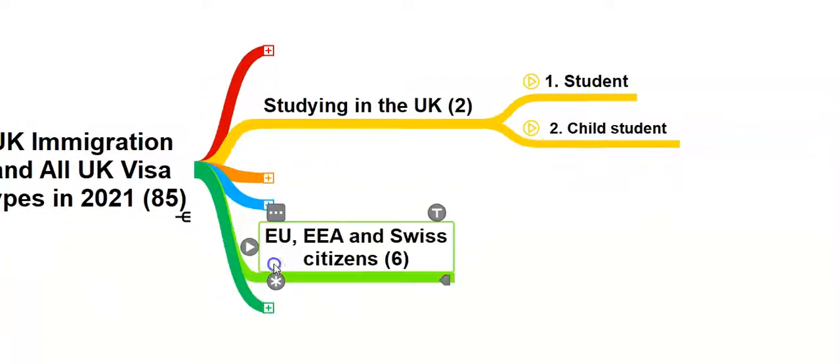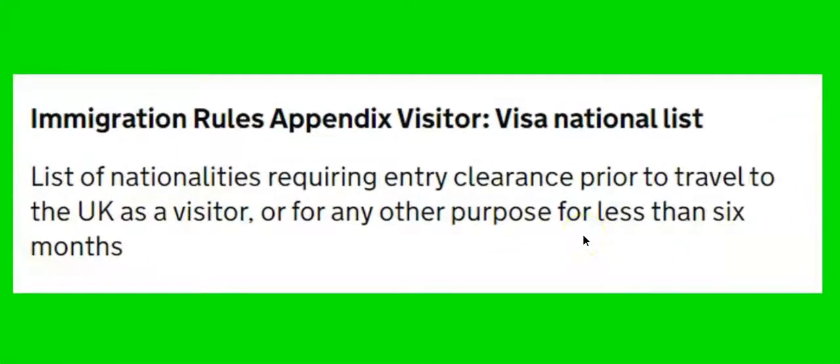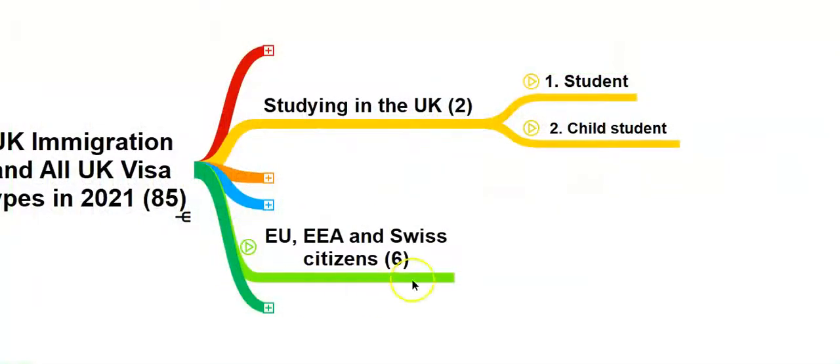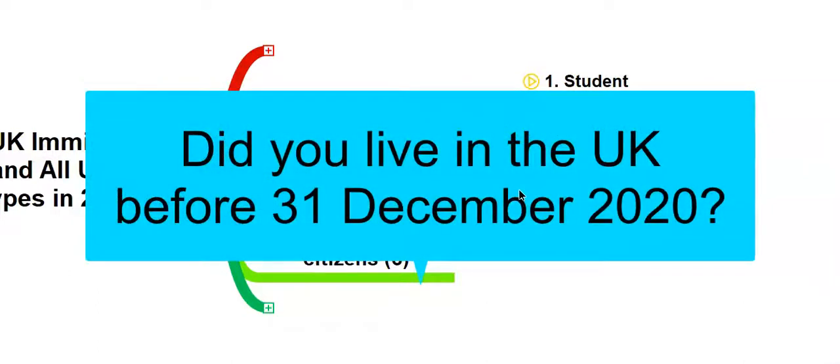If you are an EU, EEA or Swiss citizen, do you need to apply? Or if your country is not on the visa national list, do you still need to make an application? Well, if you are an EU, EEA or Swiss citizen, the answer will depend on whether or not you were living in the UK before 31st of December 2020.